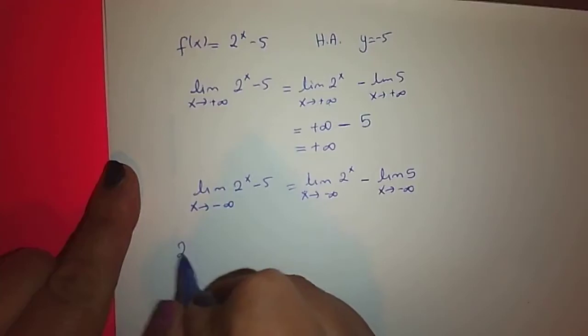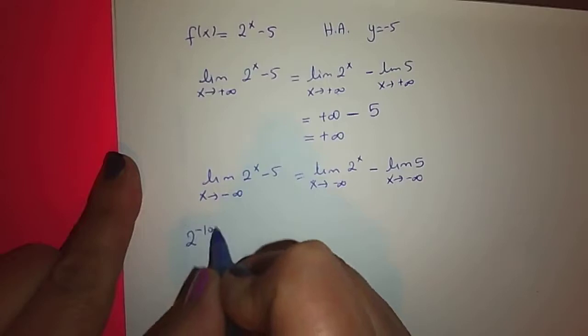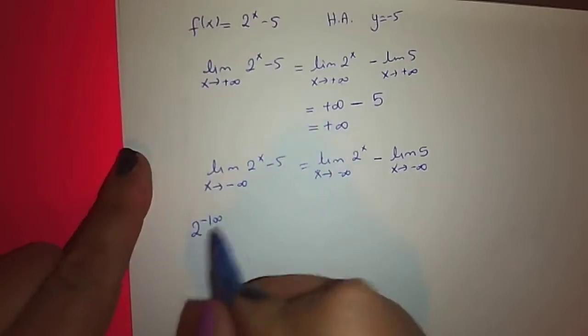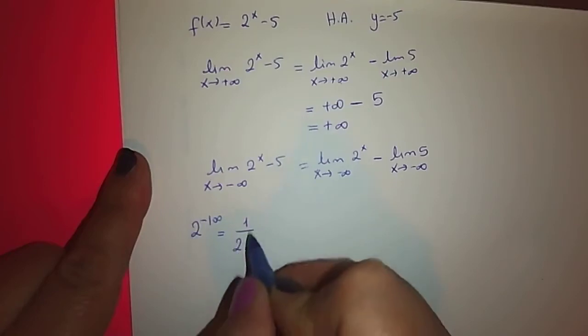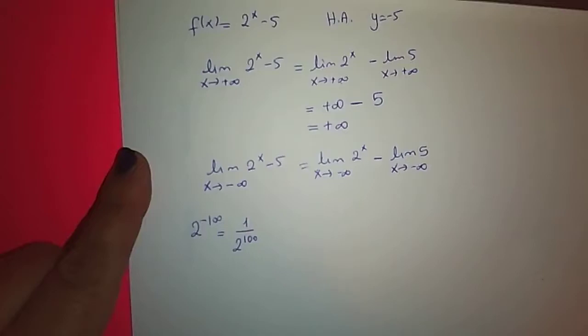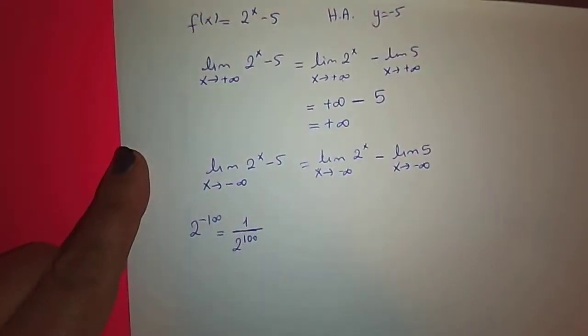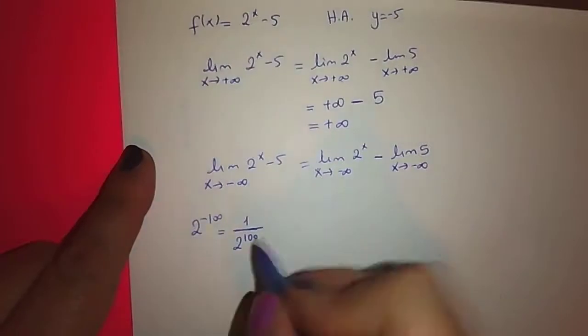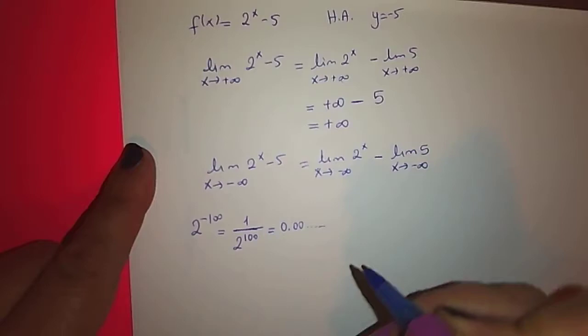So if we do 2 to the power of, let's say, -100, to get rid of that negative exponent, you would move it to the denominator and get 1 over 2 to the power of 100. So basically you are dividing 1 by a very big positive number. Then this will give you a very small number.